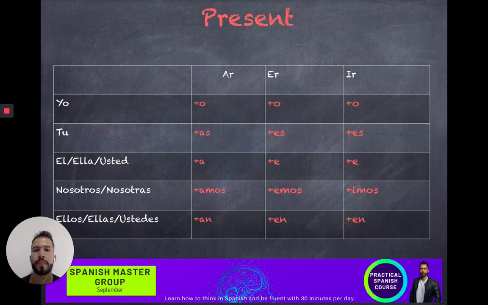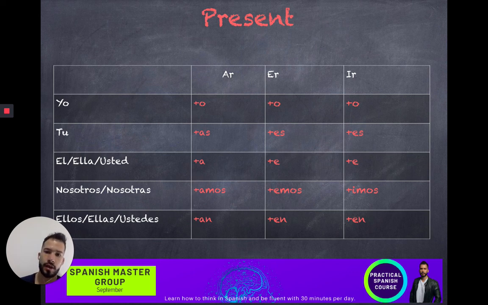So yo, for verbs that end in AR, you put O, same for ER, O, same for IR, sorry. For tú, informal, you put in AR, as, at the end of a verb. You have to take away the AR, ER, or IR of the verb and then add these letters.